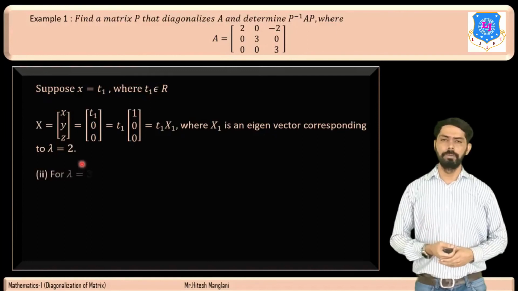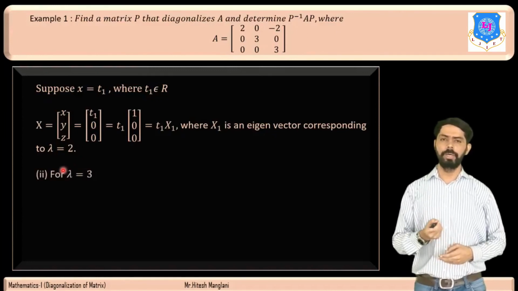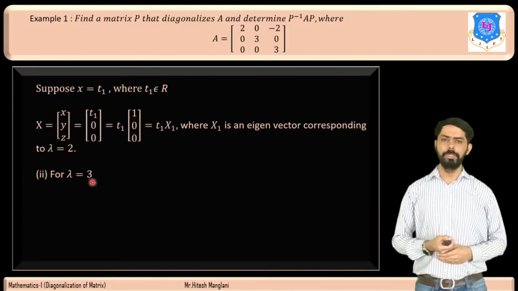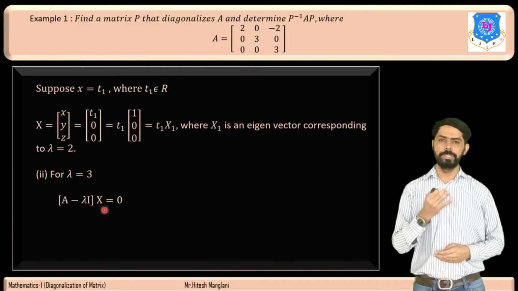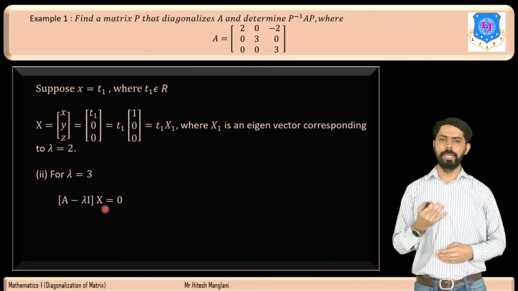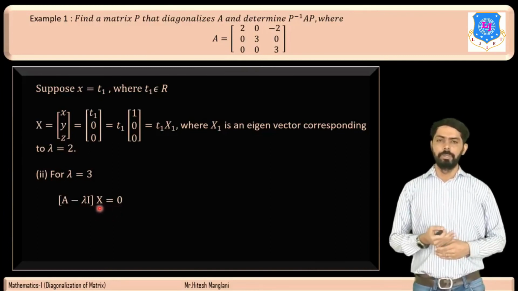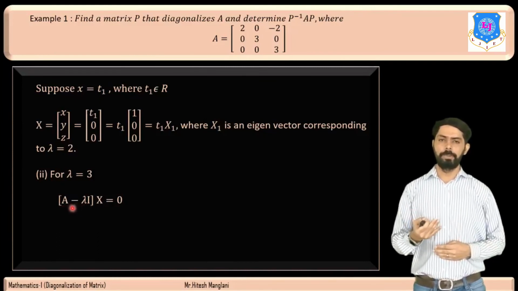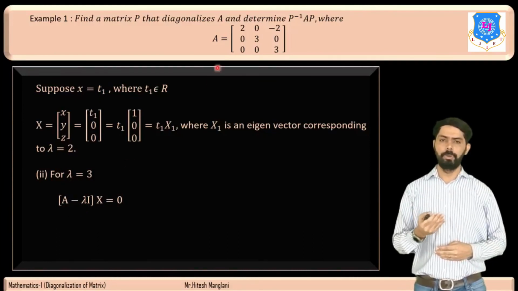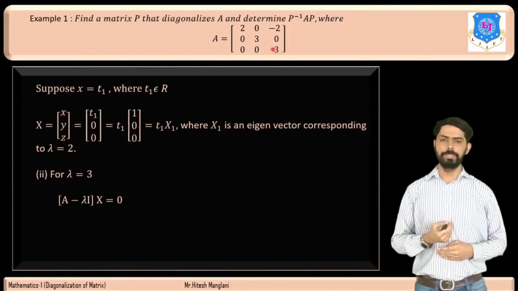In the same way, we will find the eigenvector corresponding to lambda equal to 3. For lambda equal to 3, (A minus lambda I) into capital X is equal to 0, where capital X is an eigenvector. Now we have to find A minus lambda I. For that we subtract lambda from the principal diagonal elements, and here lambda is 3.